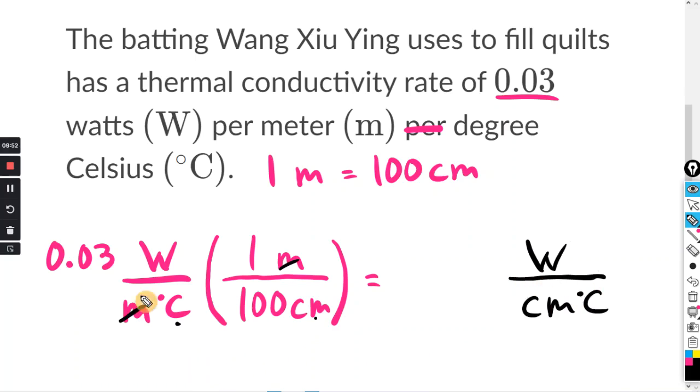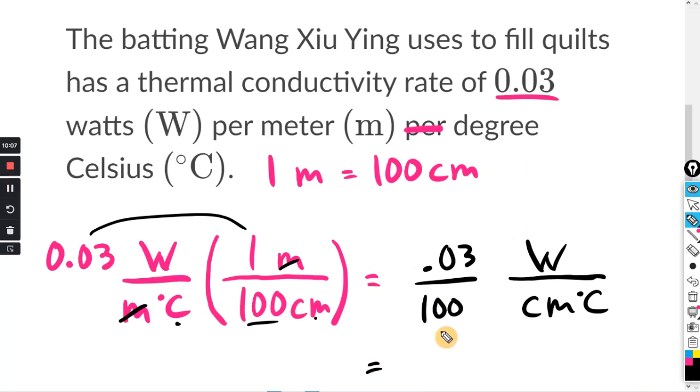Okay, and now we can just do our math. Numerator times numerator, 0.03 times 1, it's just 0.03. And in the denominator, we just have 100. Okay. You can use the calculator, but when you divide by 100, you just move the decimal over 2 places. So I'm going to go 1, 2, put the decimal right here and add the 2 zeros.